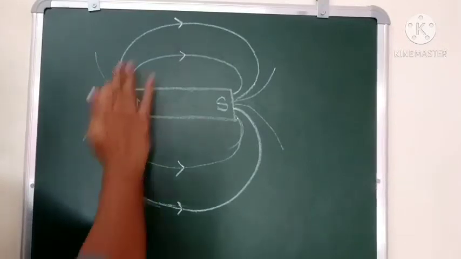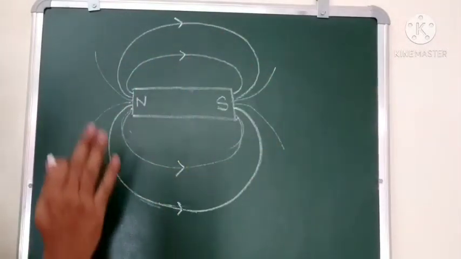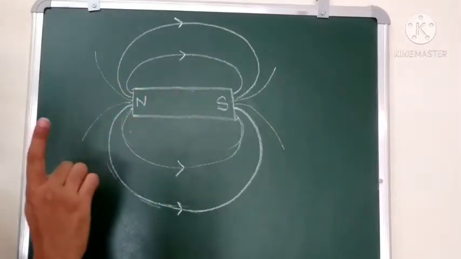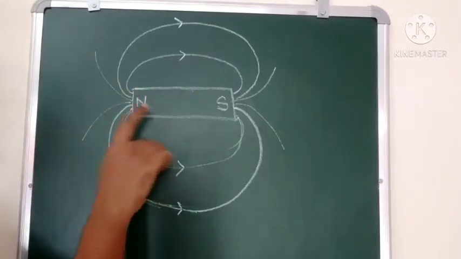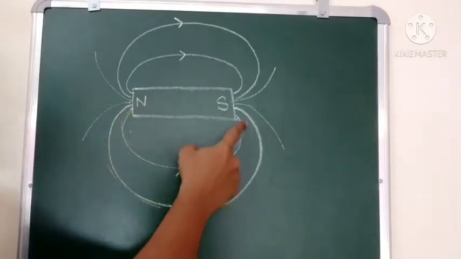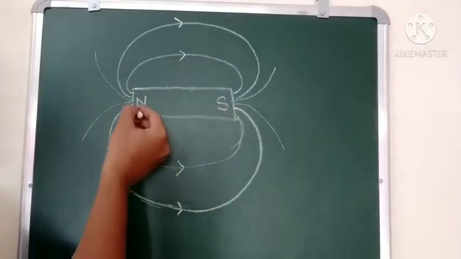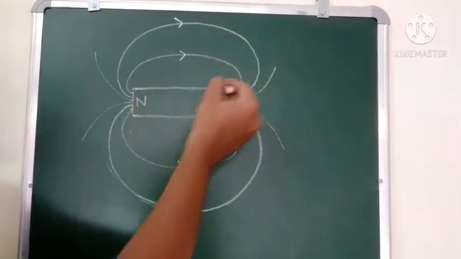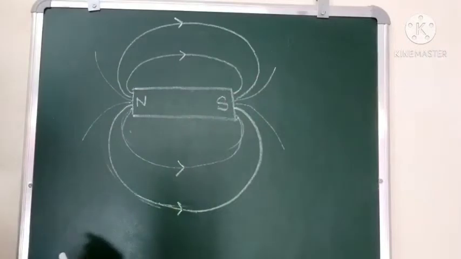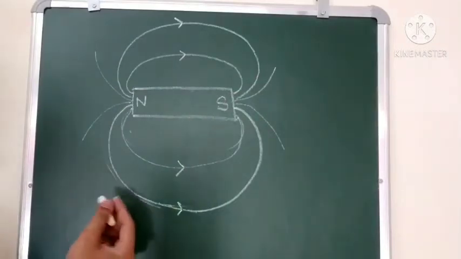Here we have these field lines. Let us see the properties of these field lines. The first thing to remember: magnetic field lines are continuous and closed loops. Then they always move from the north pole to the south pole. That is the second property.